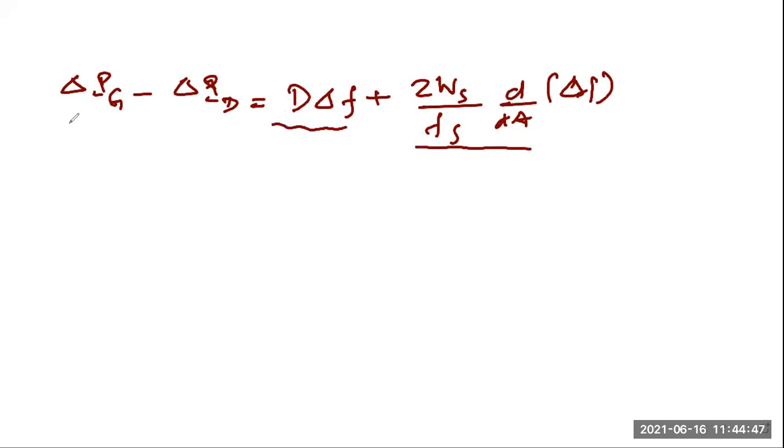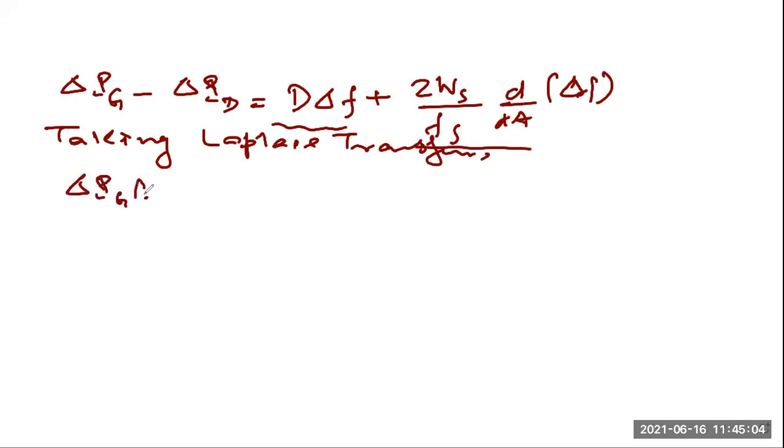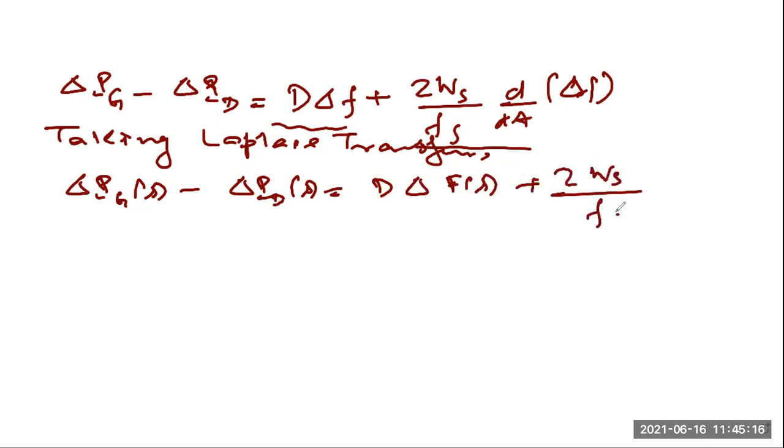Now we are taking the Laplace transform. So this will be delta PG(s) minus delta PD(s) equal to D into delta F(s) plus 2 Ws by Fs into s into delta F(s).